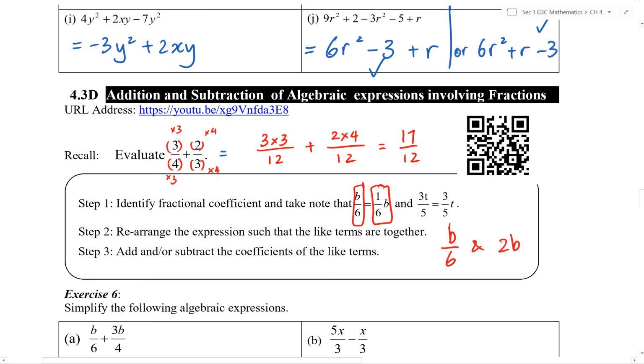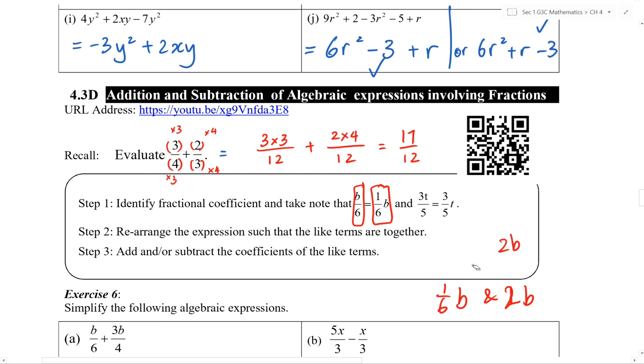Can you tell that they are like terms? It may not be that obvious, but once you change b over 6 to become 1 over 6b, you compare it with 2b. Do they look more alike now? Yes. So you need to recognize that b over 6 is the same as 1 over 6b in order for you to group all the like terms correctly.